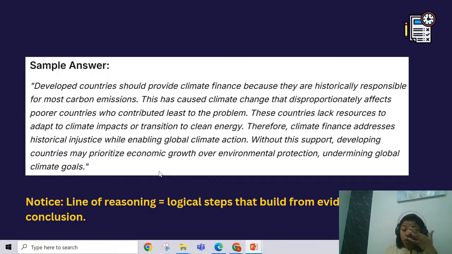So, when you notice over here, line of reasoning is nothing but logical steps that build from evidence to conclusion. And let me add one more part over here: the conclusion is also your personal response, how you have developed that personal response to the argument. That is line of reasoning. Okay.